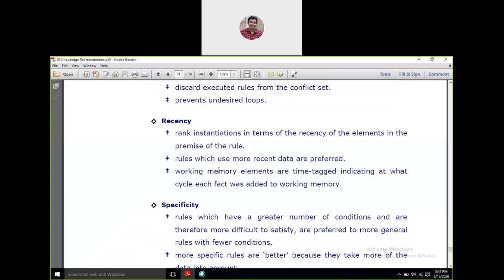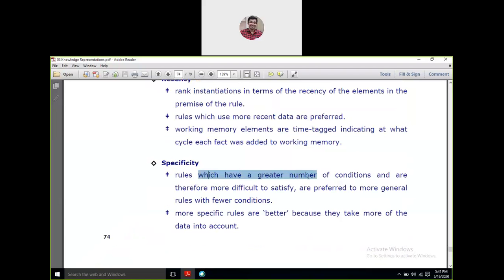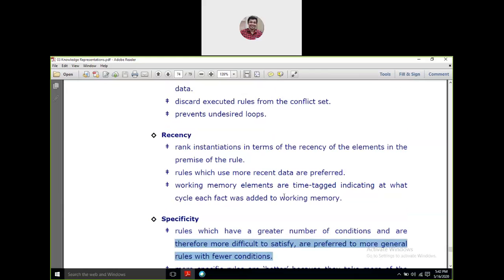Now the second one is specificity. Rules which have a greater number of conditions, and are therefore more difficult to satisfy, are preferred to more general rules with fewer conditions. Why? You could have thought that rules with fewer conditions can be used first.